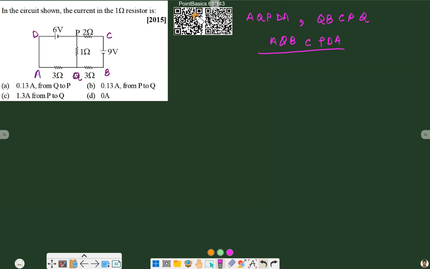So let's start. Now, suppose in our first loop, in this AQPD, current is flowing anti-clockwise. And in our second loop, current is flowing again anti-clockwise. These are random directions, and you can choose any one direction, whatever you want.